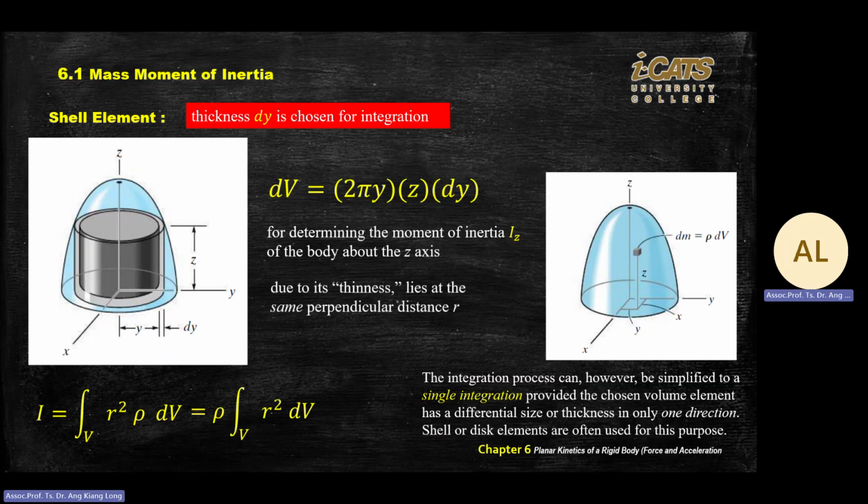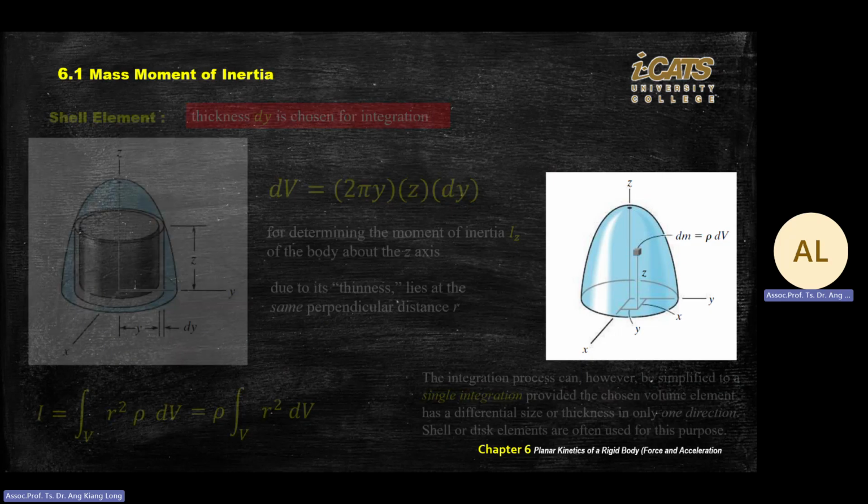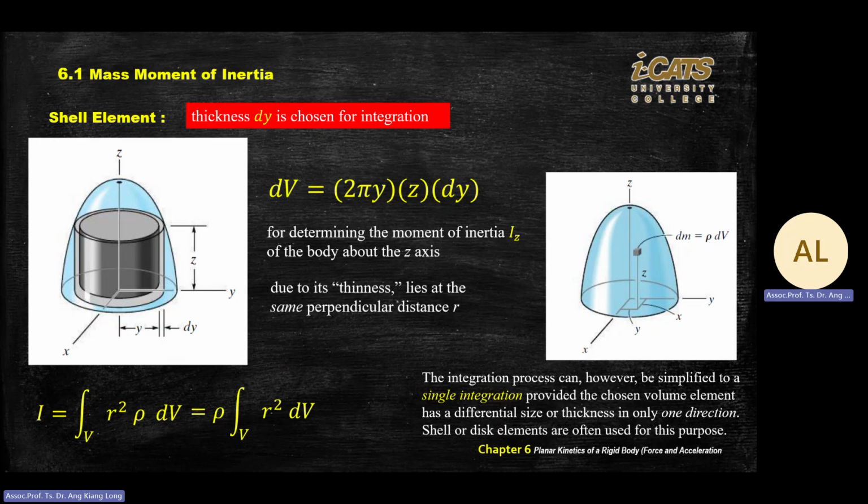Due to its thickness, this dy lies on the same perpendicular distance of r. So this is just the thickness shell element calculation to calculate the volume. You substitute this whole equation, 2 pi y z dy, into here. Then you do integration.